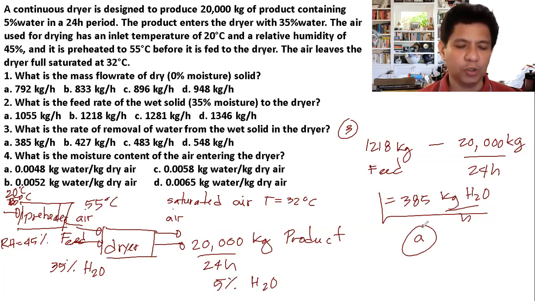So, the first step is to find pH2O. Just use the steam table to get the P saturated of water at 20 degrees Celsius. And then just multiply it by 0.45. Relative humidity concept. And then when you get the pH2O, just simply use the humidity equation.